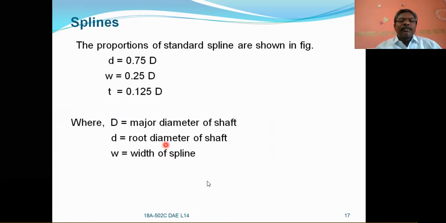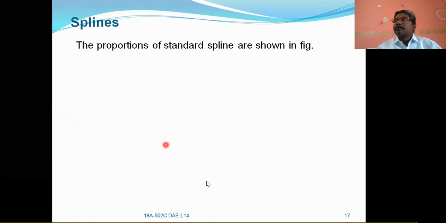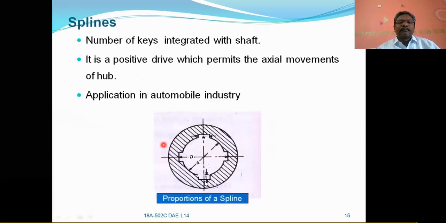So here you can see once again the internal spline, the shaft, and the hub of the mounting. This will be the thickness, this will be the width, this is the minor diameter, and here it is the major diameter.